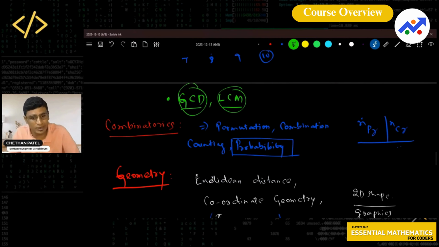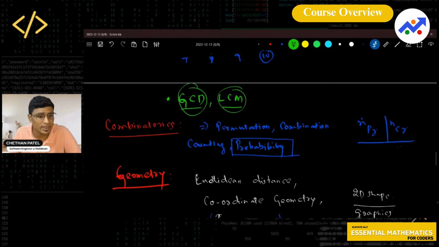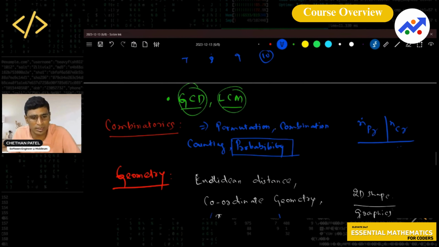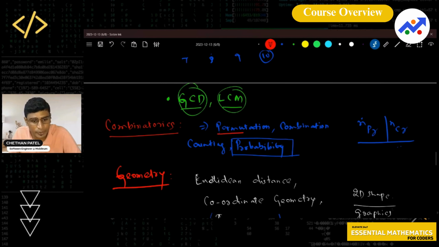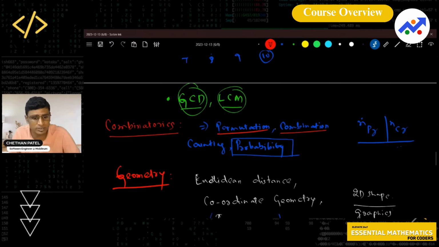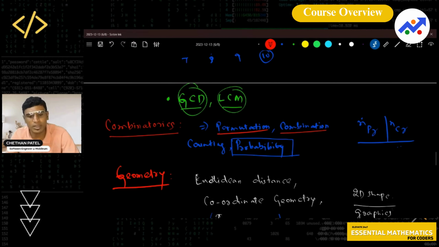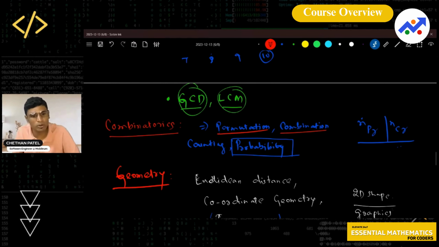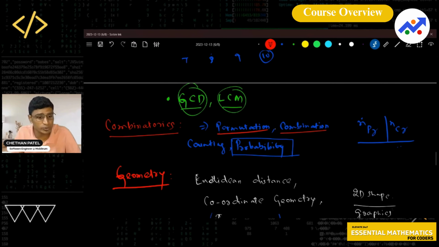The next topic that we're going to learn in this playlist is combinatorics. We'll be learning about permutations and combinations. This is more like counting. When we are dealing with counting problems, it's always better if we use combinatorics.